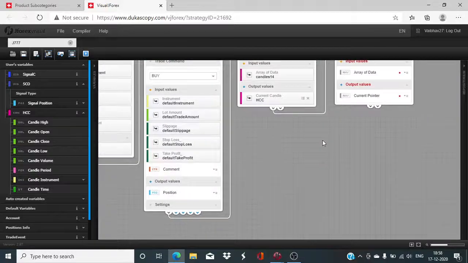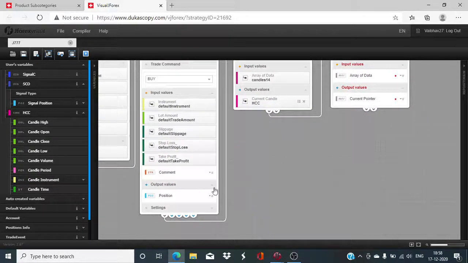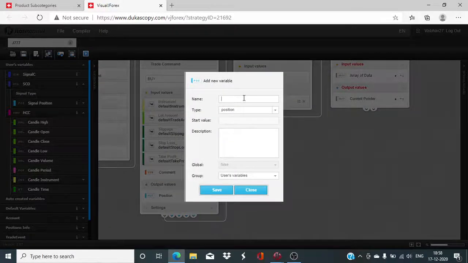And if you want to set the conditions, you can use these components. Similarly, for the position also, if any position is open in the market, we can do its monitoring with the help of this loop viewer component. What we do is we will name it as SCP.